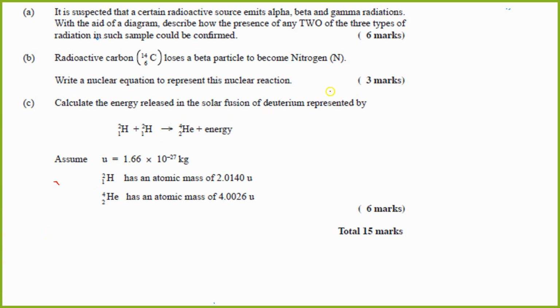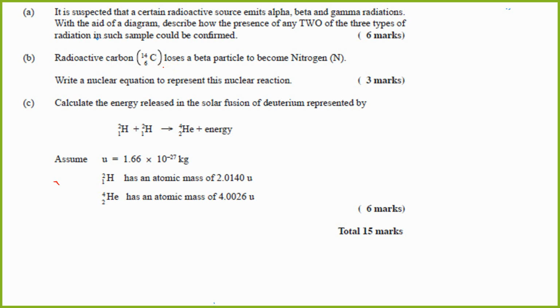B is another question that you have to remember, right? And it's nothing hard. So in a sense, what is really happening here? Whenever we have radioactive carbon 14, that carbon 14 can actually produce nitrogen, right?